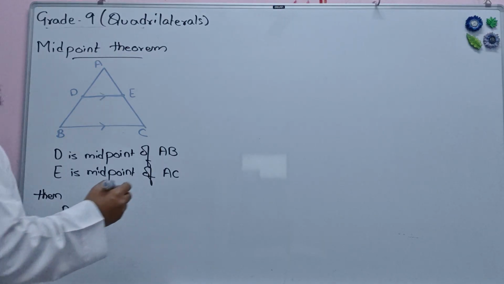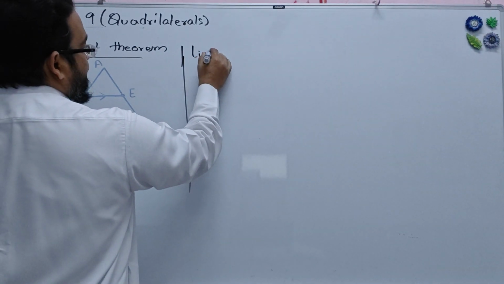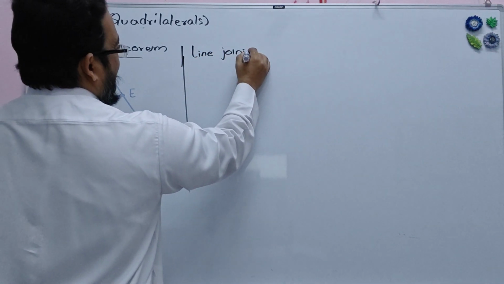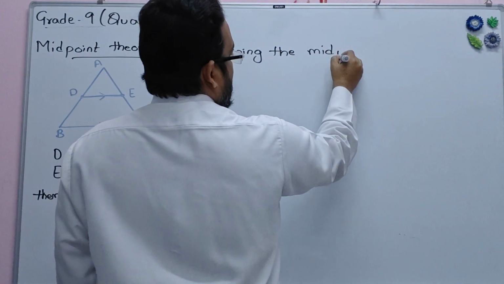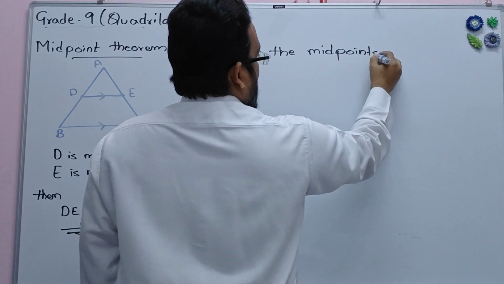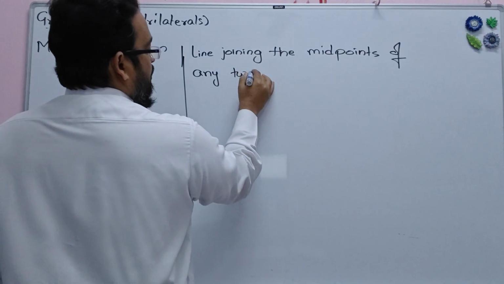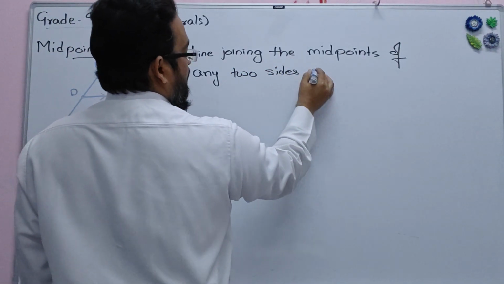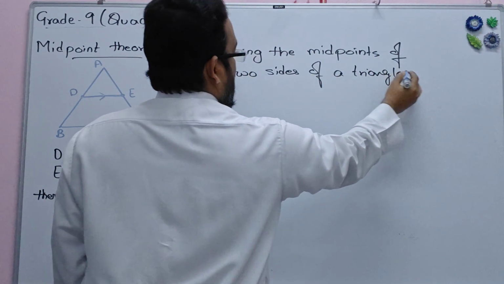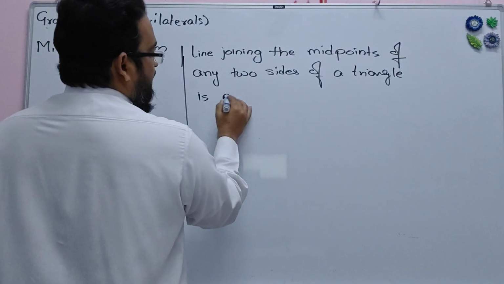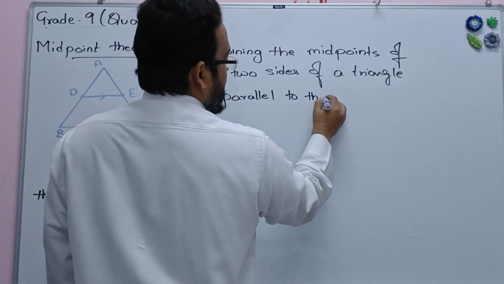This is the midpoint theorem. You have to write the statement: the line joining the midpoints of any two sides of a triangle is parallel to the third side.